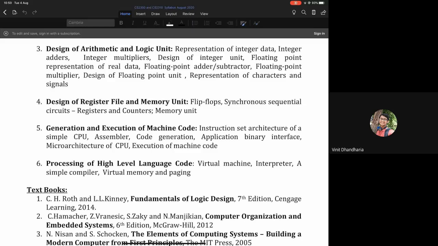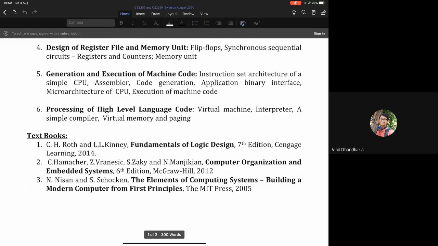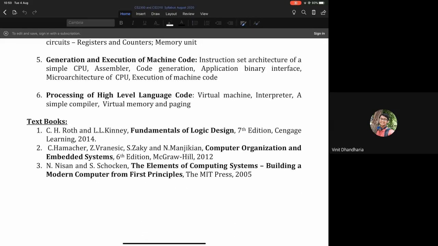So this is basically the coverage of this course, and the textbooks are given here. Many of these textbooks are available in soft copies, so please try to get hold of them. We'll be making use of this first book for the basic combinational logic circuit design and the sequential circuit design.